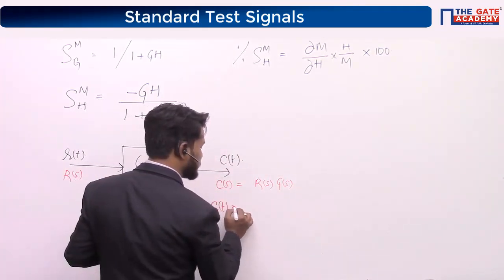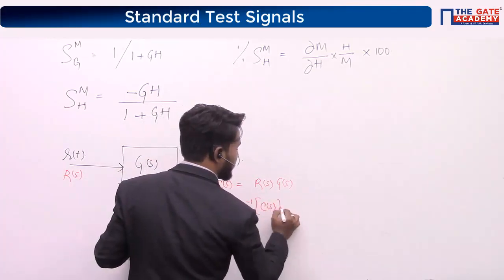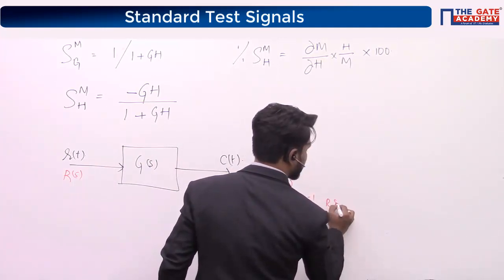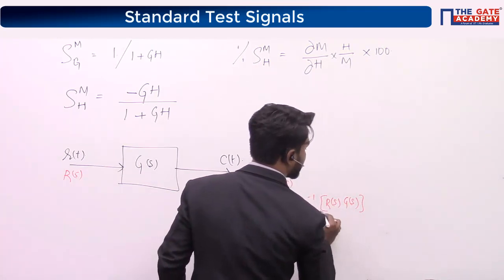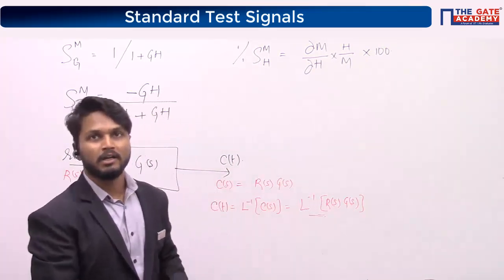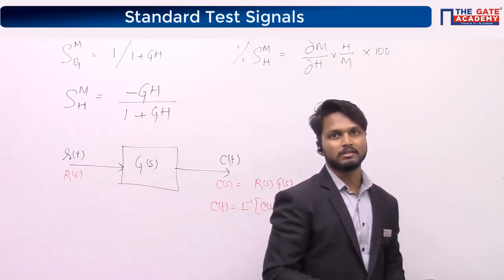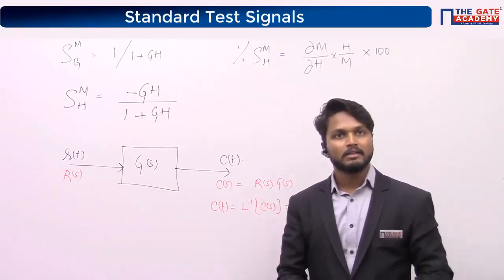C of t is equal to Laplace inverse of c of s, that is equal to Laplace inverse of r of s multiplied by g of s, right? This is the answer. So like this you can find out the time domain response of any particular system. Is it fine?